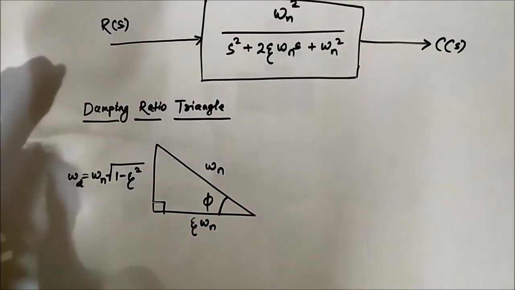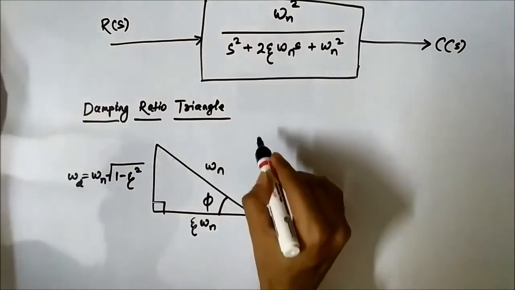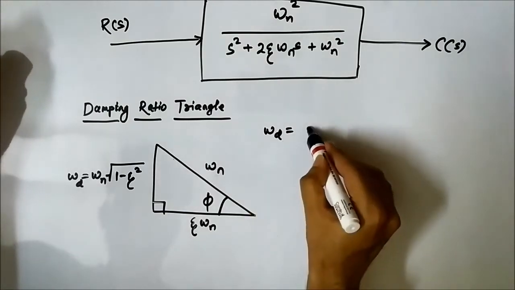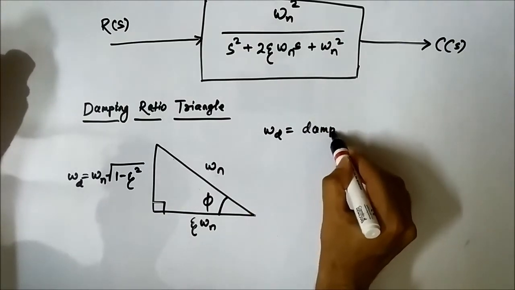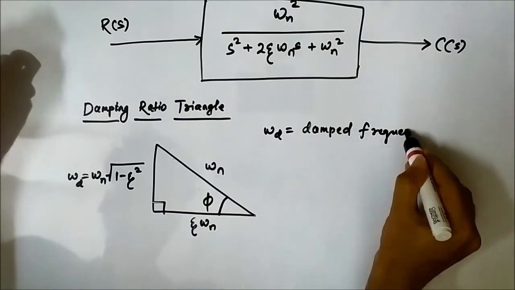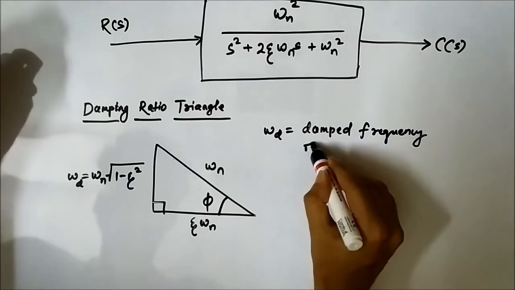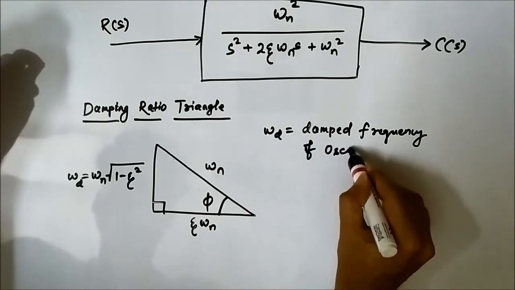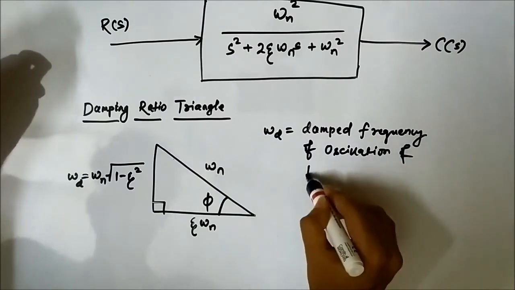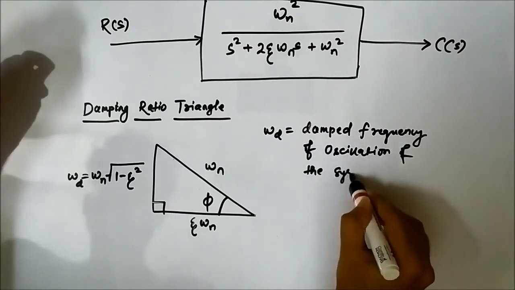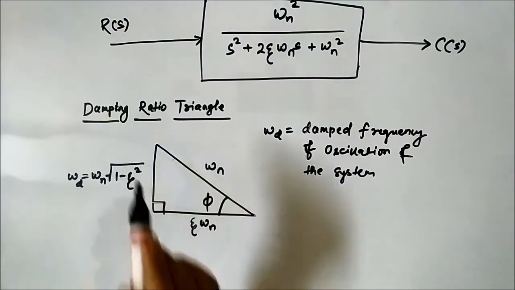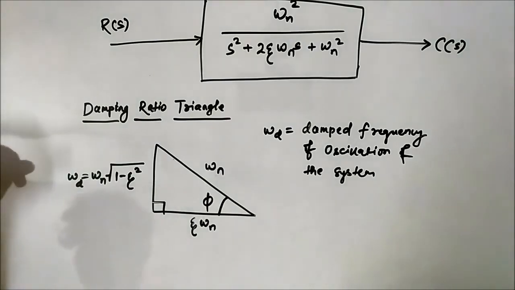This omega d is called the damped frequency of oscillation of the second order system, which is equal to omega n into root over of 1 minus zeta square.